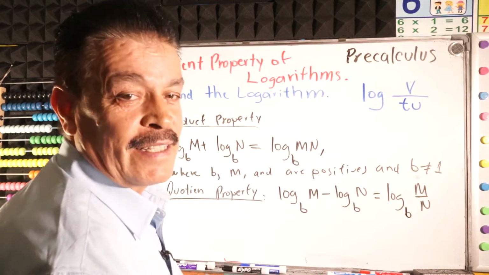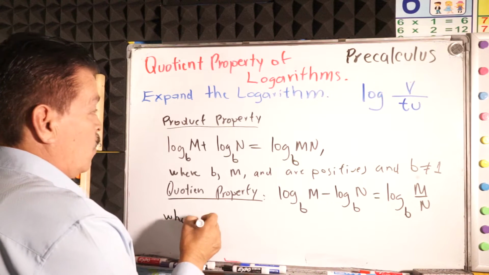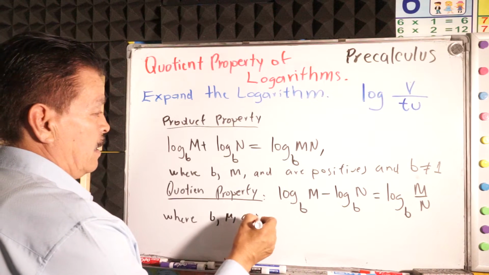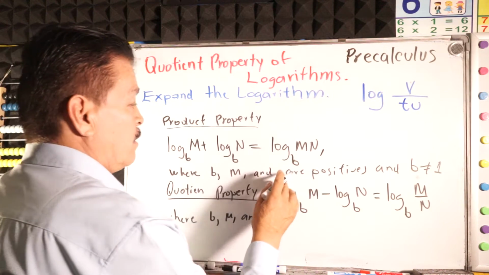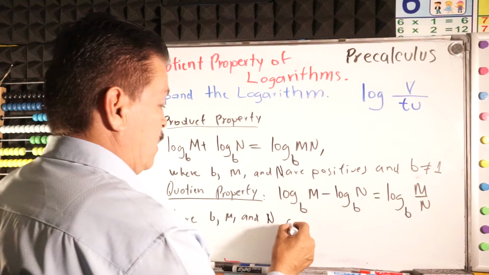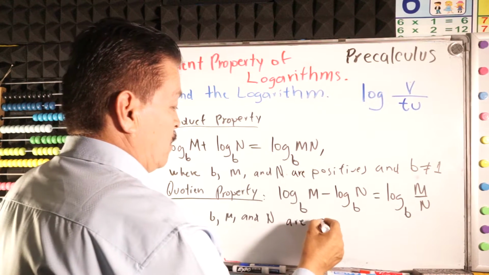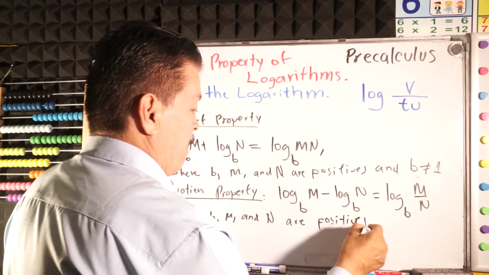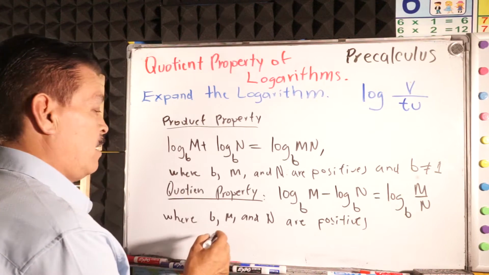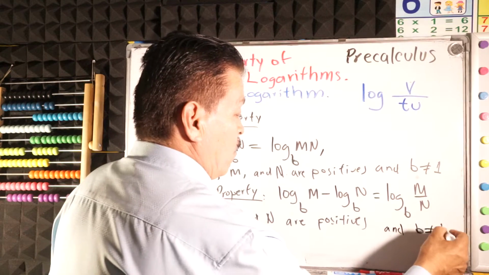Okay, right? So this is very important, and again b, m and n are positive, and b is different from 1.